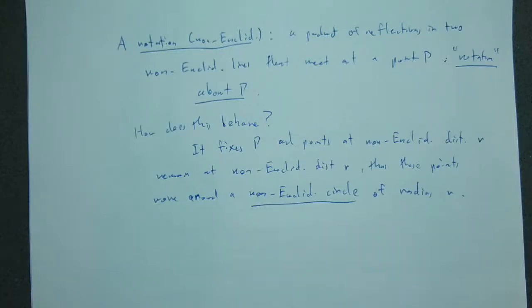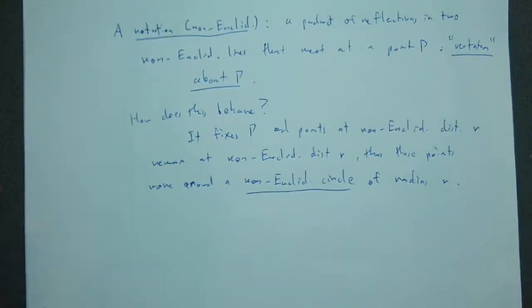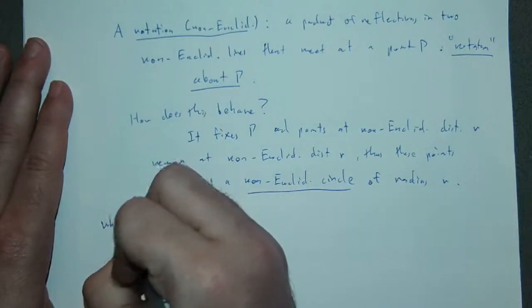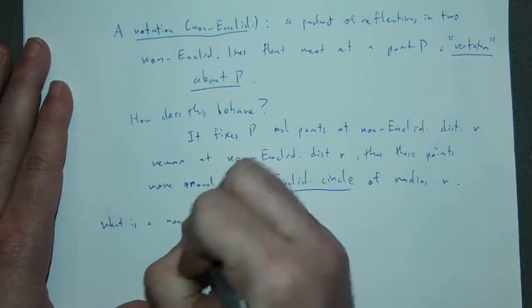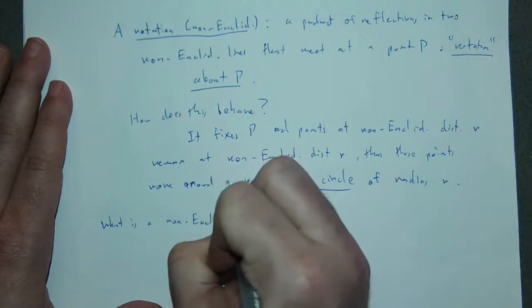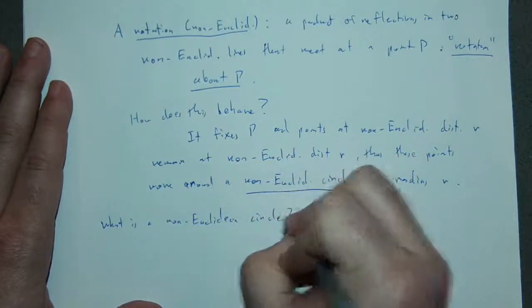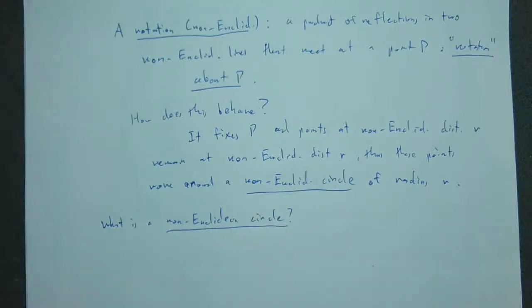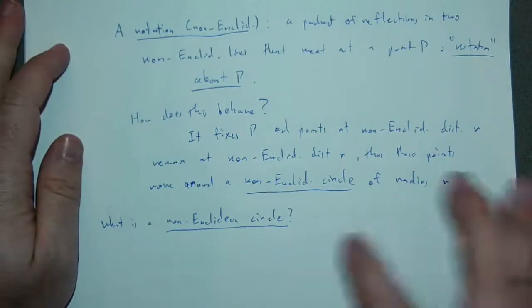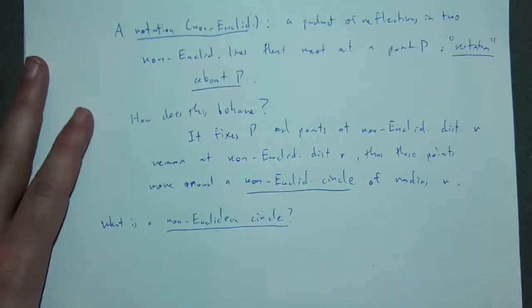Now there's an aside to be noted here. What does a non-Euclidean circle look like? Well, we can actually define a non-Euclidean circle using this operation of rotation, but I'm going to draw the picture clean first, and then I'm going to show you the picture of the rotation. In this case, what does a non-Euclidean circle look like?